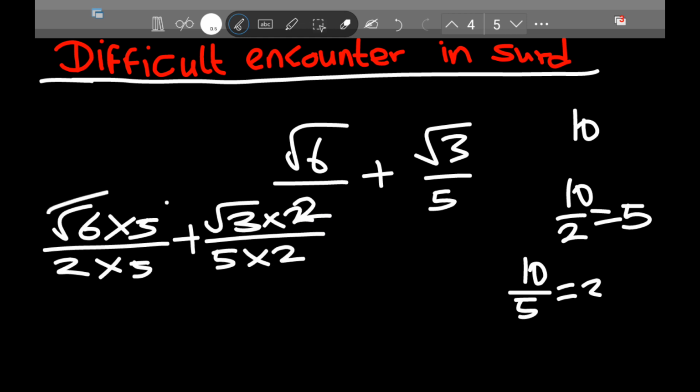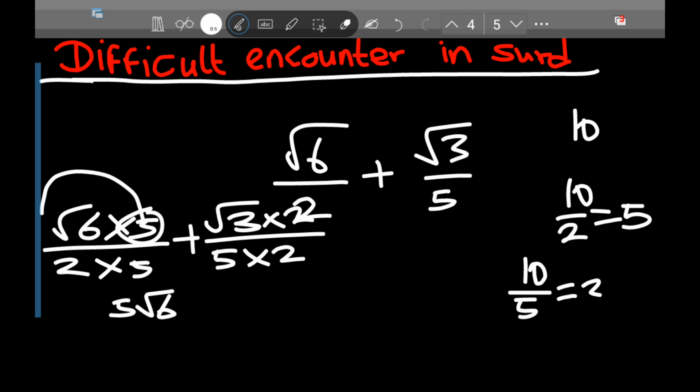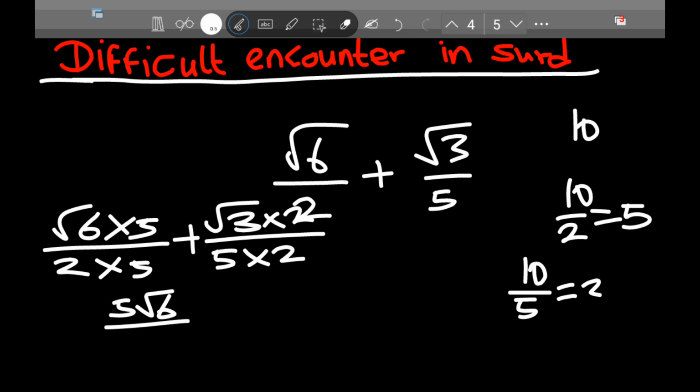Now what is root 6 times 5? Root 6 times 5 is the same as 5 root 6. So you take this 5 and move it backward, and you should get 5 root 6. And then what is 2 times 5? 2 times 5 is basically 10. Then plus sign.